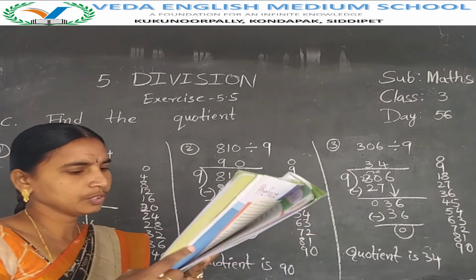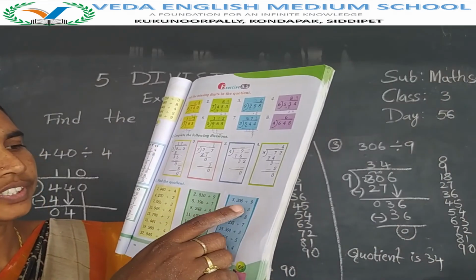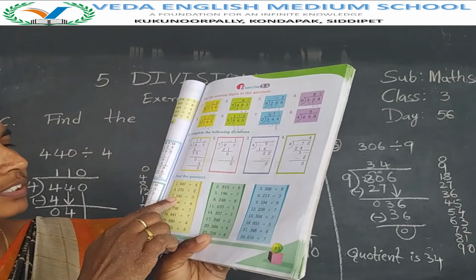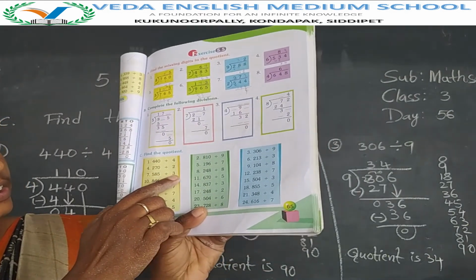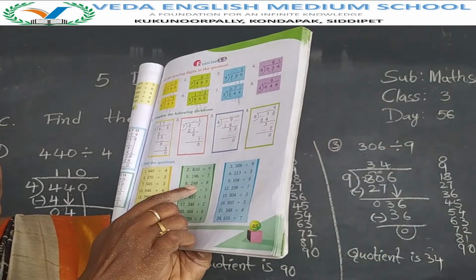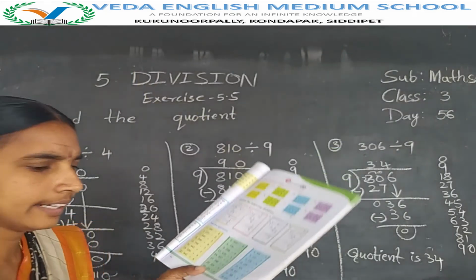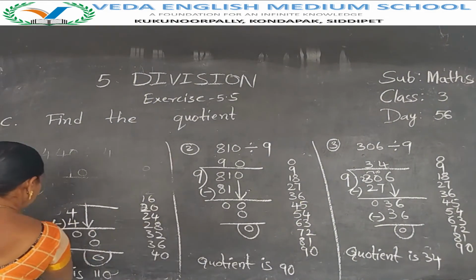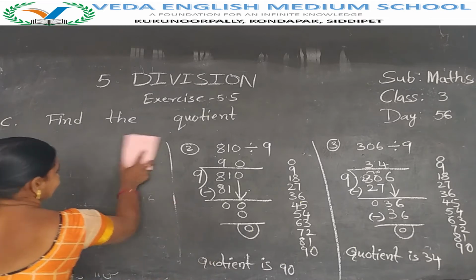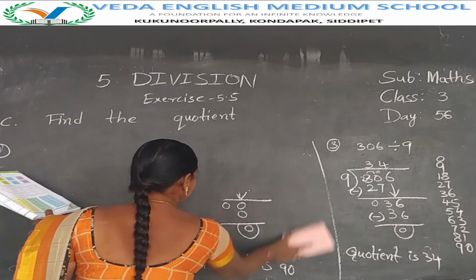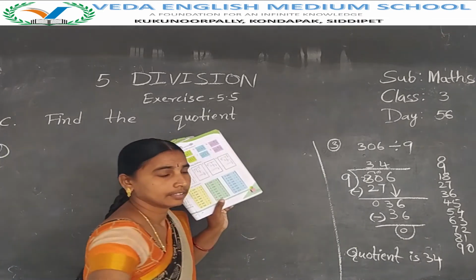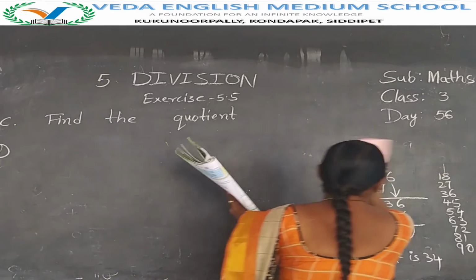Next, the fourth problem, your homework: fourth, fifth, sixth, seventh also. That is, the divisor is the 3. So that is the 3 table. I will explain next. Eighth problem and ninth problem.